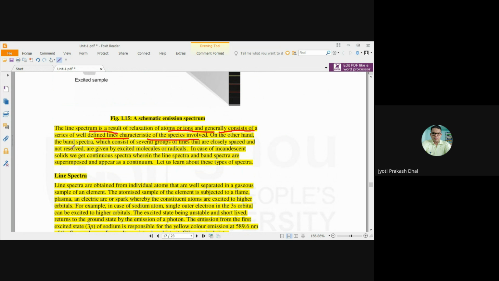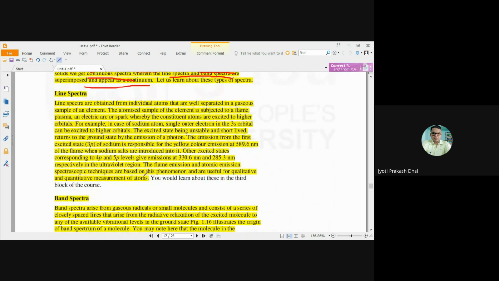On the other hand, the band spectra consist of several groups of lines that are closely spaced and not resolved, and are given by excited molecules or radicals. In the case of an incandescent solid, we get continuous spectra wherein the line spectra and the band spectra are superimposed to appear as a continuum.